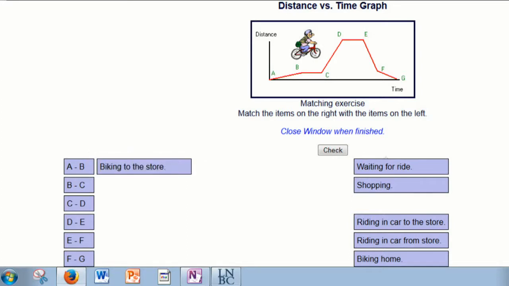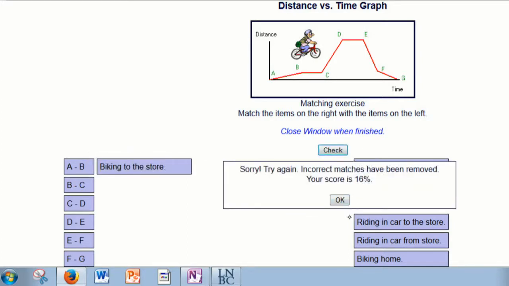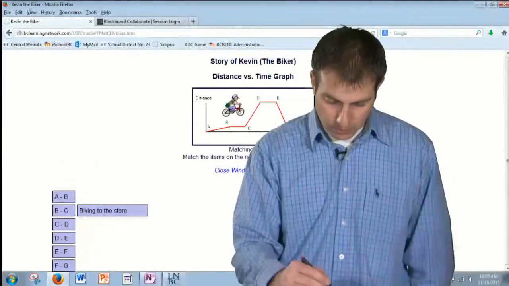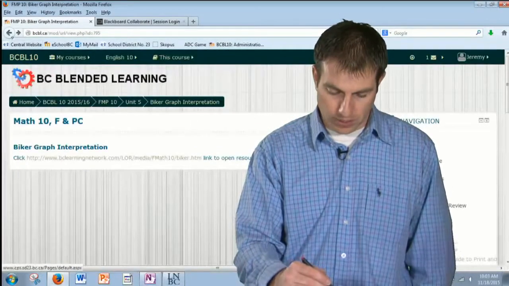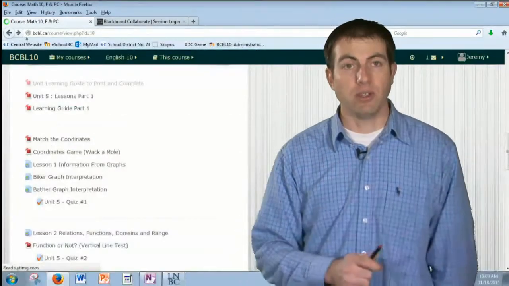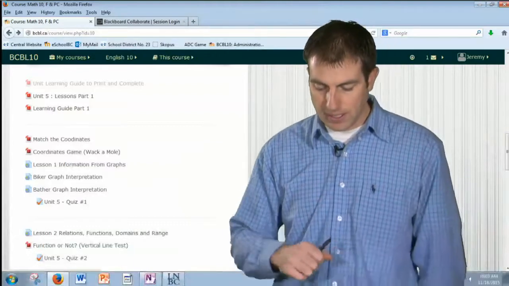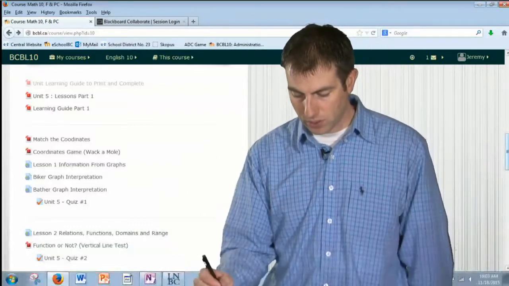You can put it in there, and then you can check it. Sorry, try again. So you can just drag all these things around to try to figure out what's going on in this little picture. There you go. If you want to play around with those, it's a little bit different look at some of these questions instead of just looking at them on paper, a little more interactive. So that's there for you guys to go through.